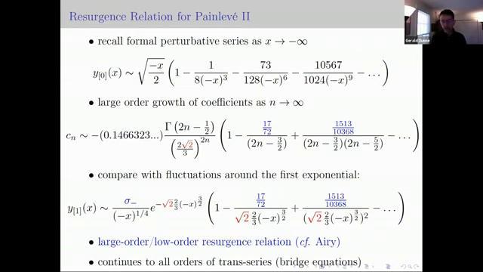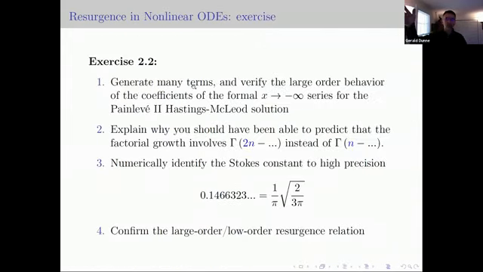And that's characterized beautifully in this set of Écalle bridge equations that Daniele will tell us about later this week. So here's an exercise to generate from the recursion formula many terms, where many probably means 50 or 100, it's not difficult, and then just confirm that large order growth.